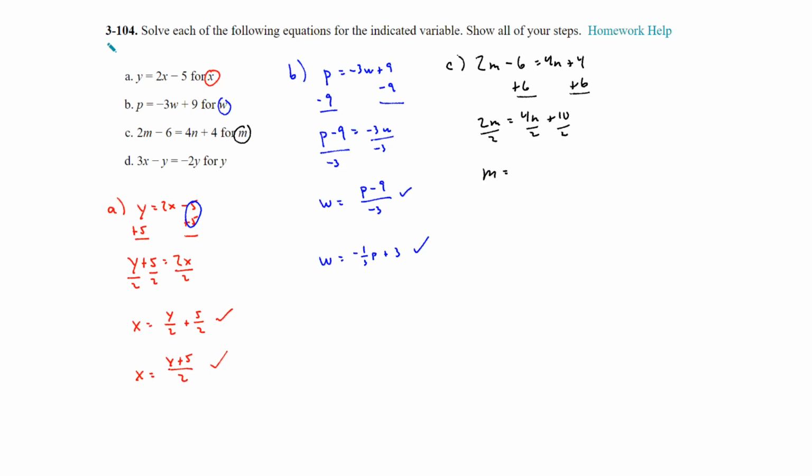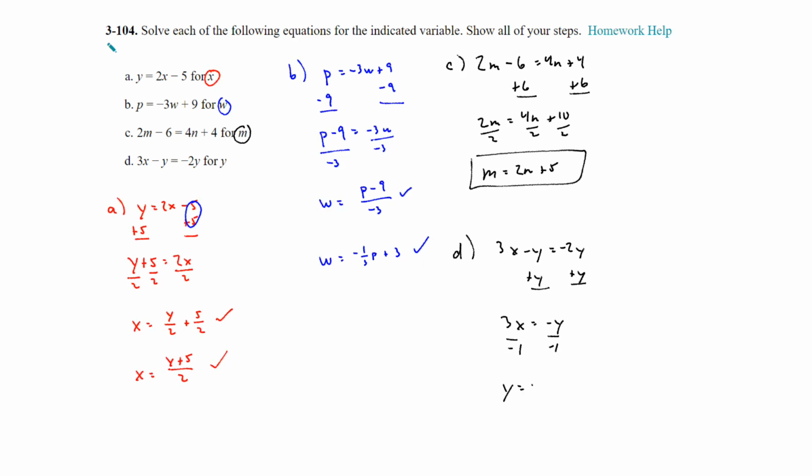And m is equal to 2n plus 5. And last, D, solving for y, we have 3x minus y is equal to negative 2y, so we can add the y to both sides. 3x is equal to negative y, and then we can just divide by negative 1. And so y is equal to negative 3x.